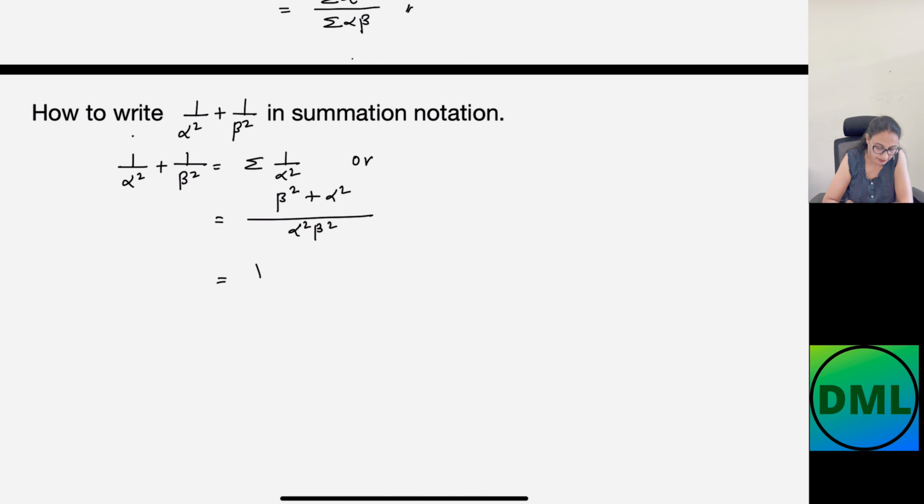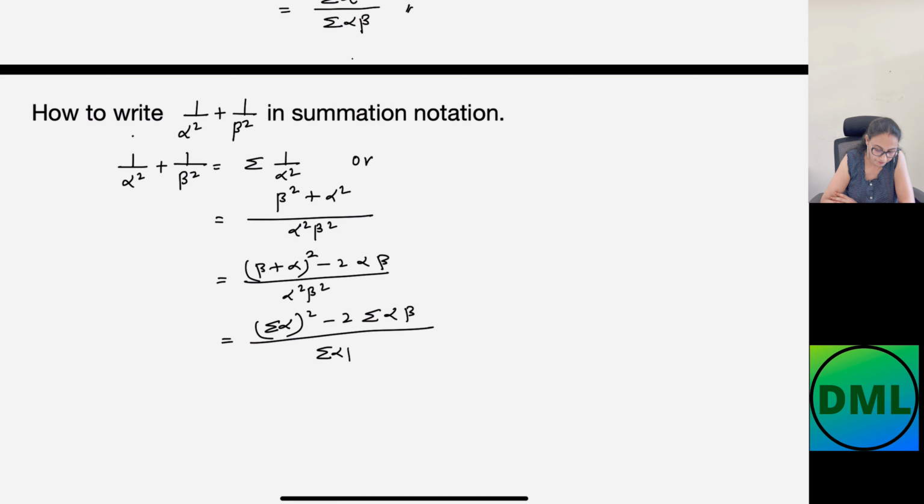So this will be written as beta plus alpha the whole square minus 2 alpha beta divided by alpha square beta square. This will be equal to sigma of alpha the whole square minus 2 sigma alpha beta over sigma of alpha beta the whole square. This is the summation notation for this one.